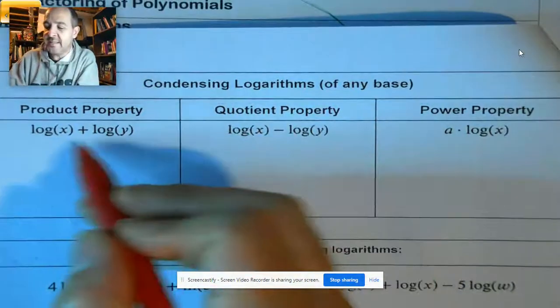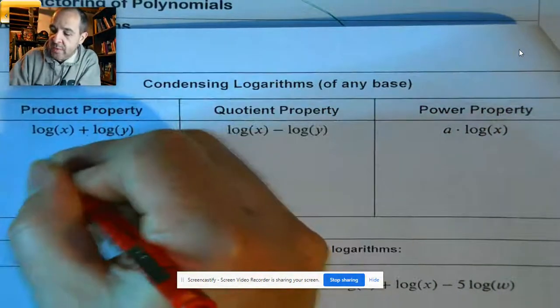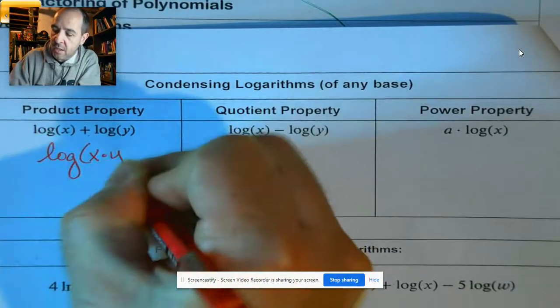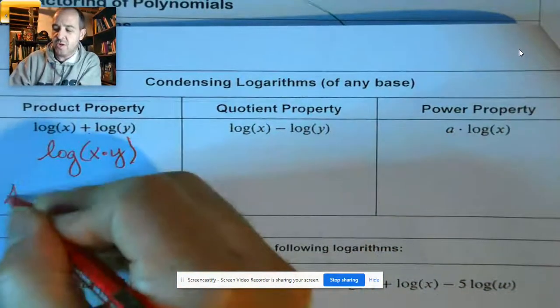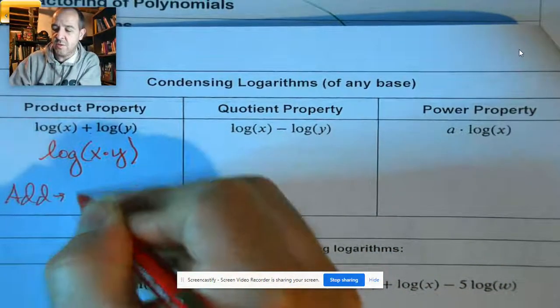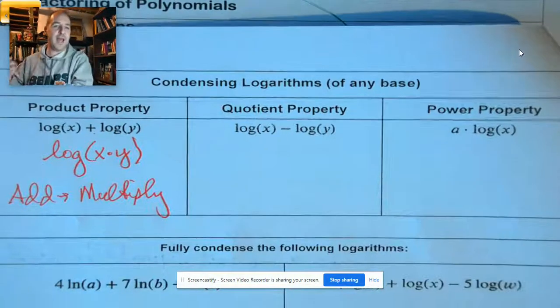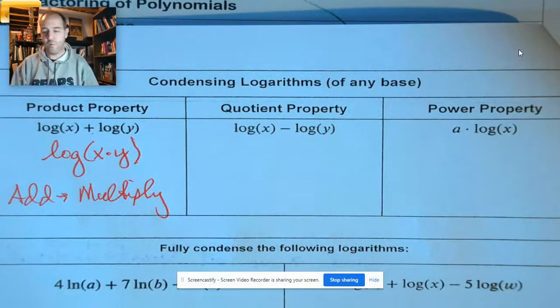So if we're condensing, we remember add and multiply go together. So when we condense, we're condensing to 1 log, and add turns into multiply. It's the exact opposite. It's the inverse of what we were doing before.